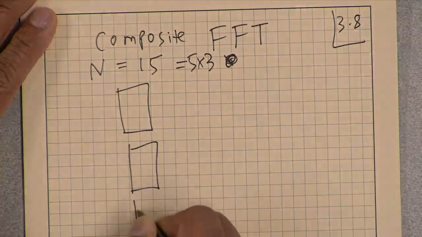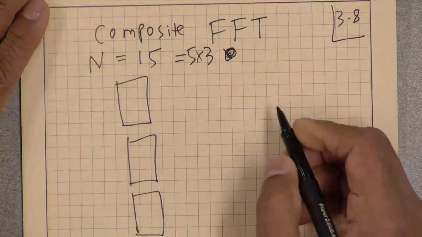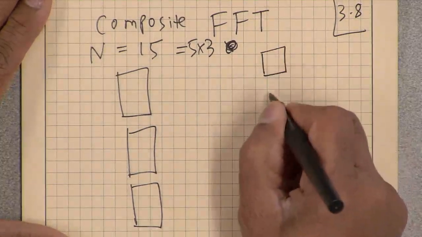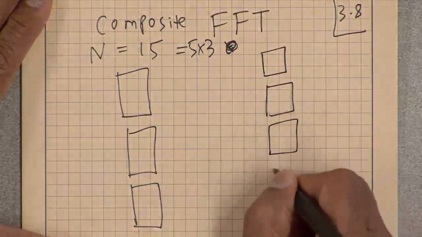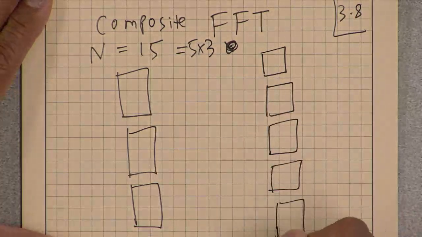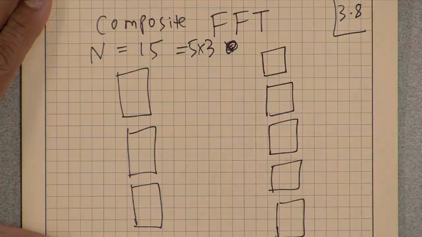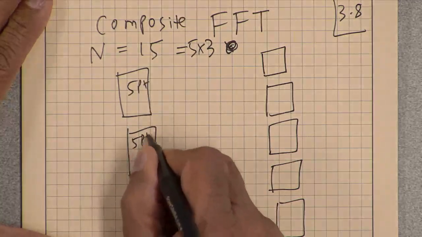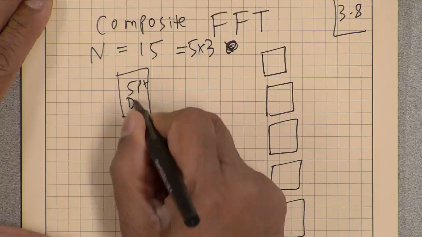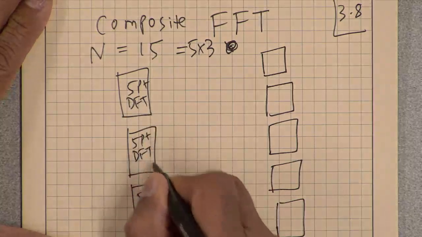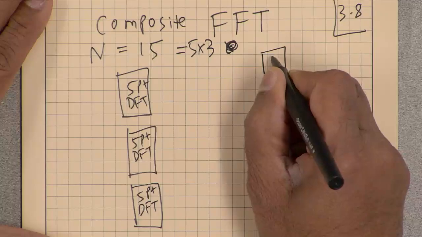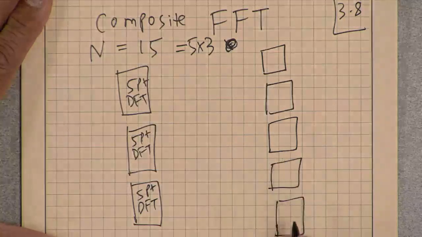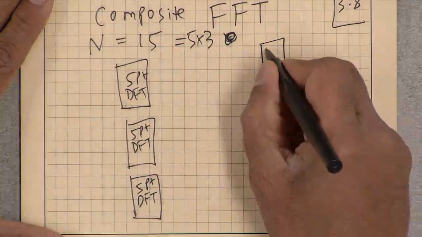Here is the solution. Let's start with the solution and then we'll get through the derivation later on. So I can describe that using 3 5-point DFTs on the left side, and 5 3-point DFTs on the right side.